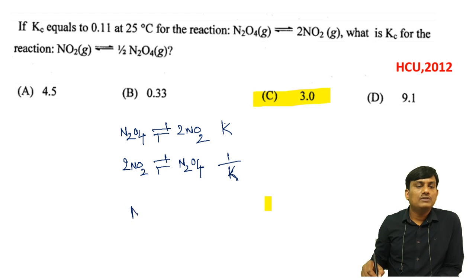When you divide by 2, NO2 to 1 by 2 N2O4, here you have to give the power 1 by 2.